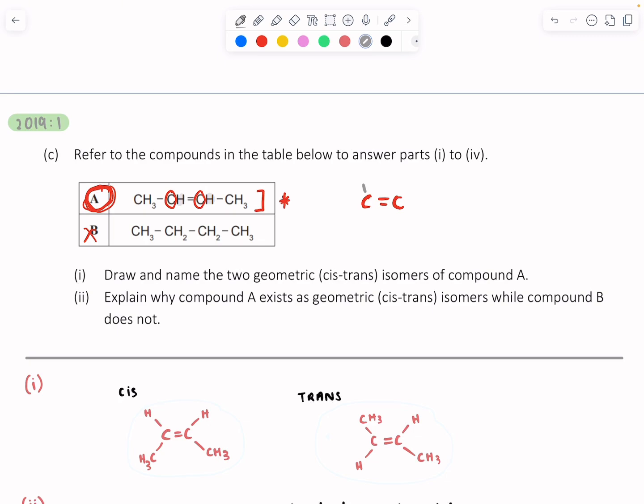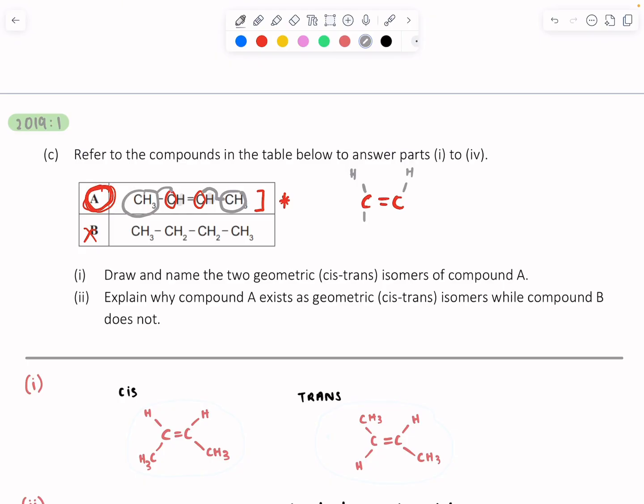So I'm going to draw one over here and one over here. Then I have to focus on the CH3s, because these are bonded to the carbon. I know it looks like it's bonded to the hydrogen, but it's actually indicating that it's bonded to the carbon, okay? So don't let that confuse you.